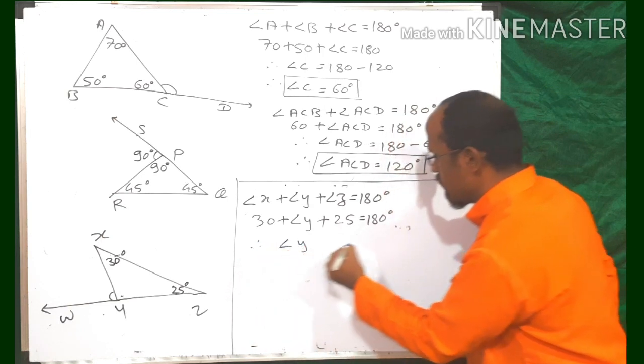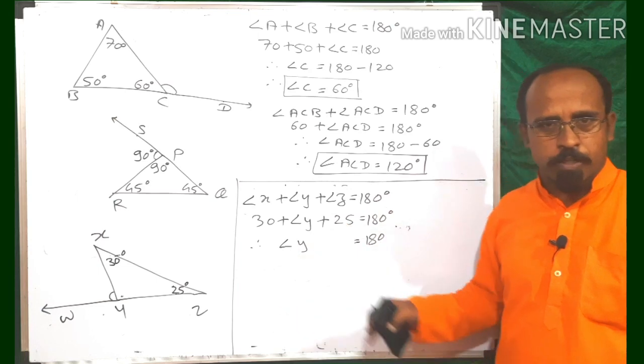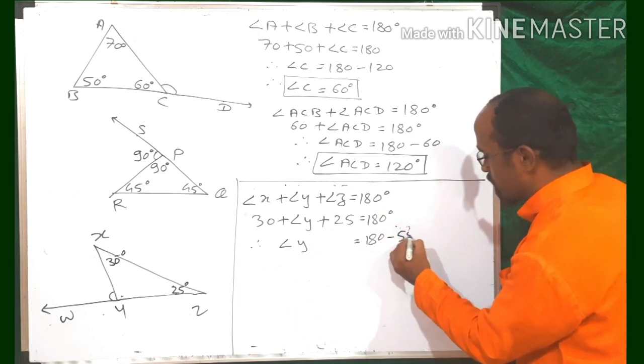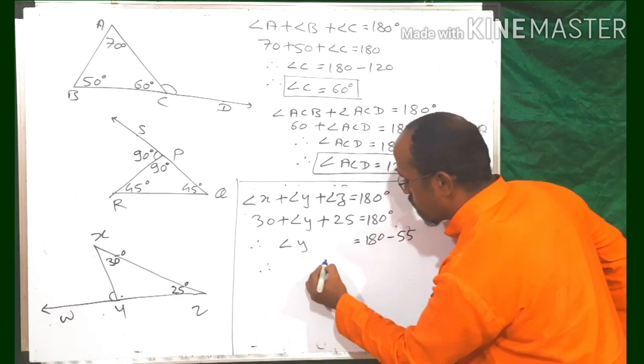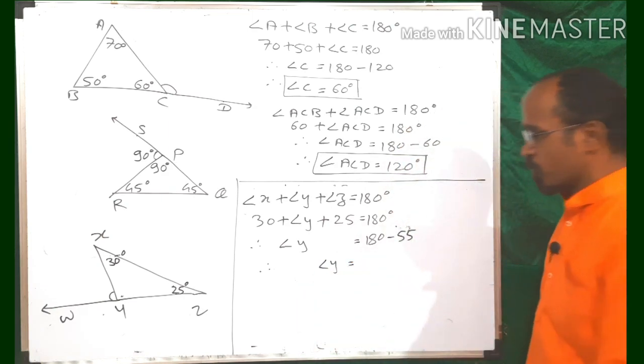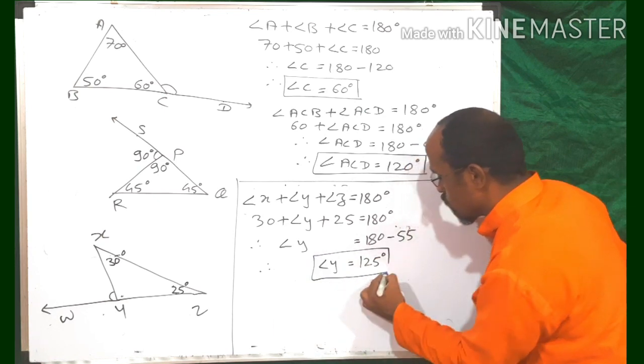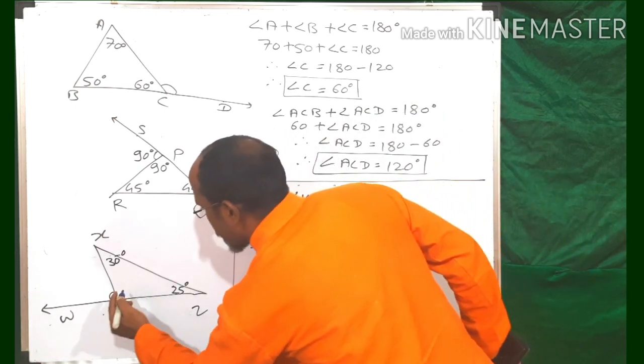Therefore, angle Y is equal to 180 minus the addition of these two, 30 plus 25 is 55. So angle Y is equal to 180 minus 55, which is 125 degrees.